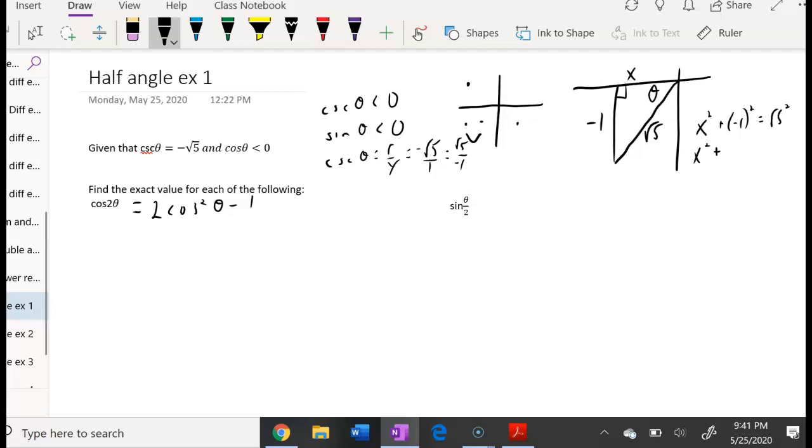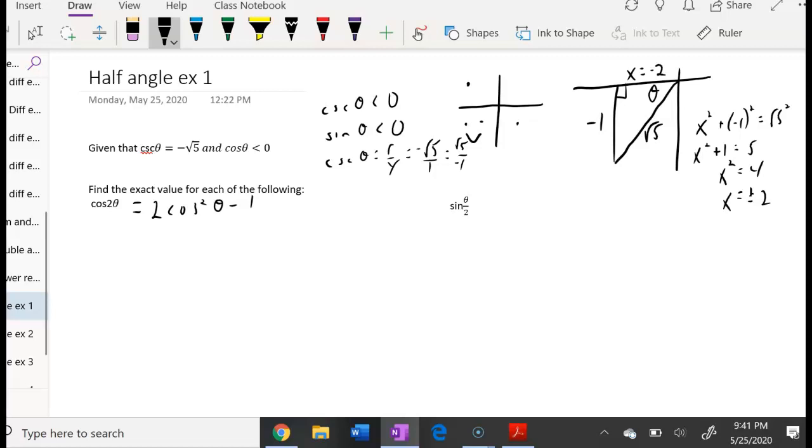So x squared plus 1 equals 5, x squared equals 4, x equals plus or minus 2, and we decide by looking again at that reference triangle. We see that it's in the third quadrant where all x values are negative, so we're going to put this is negative 2.